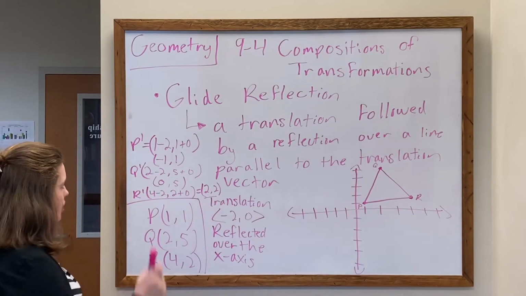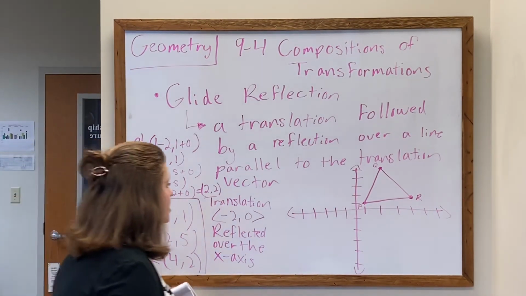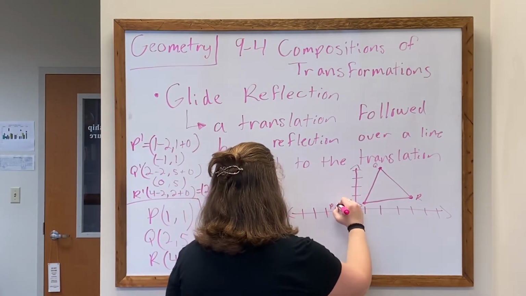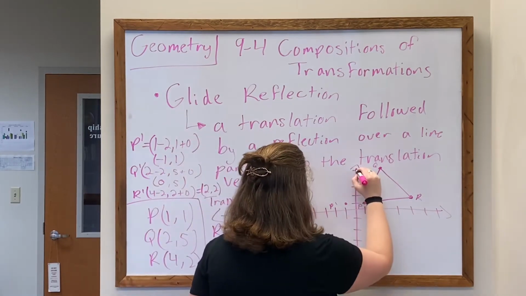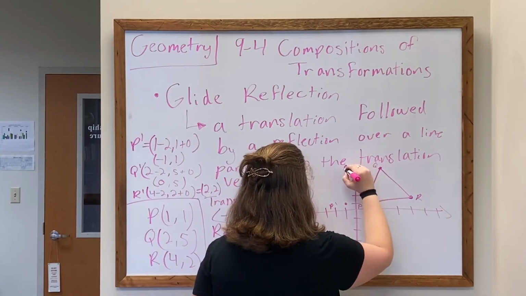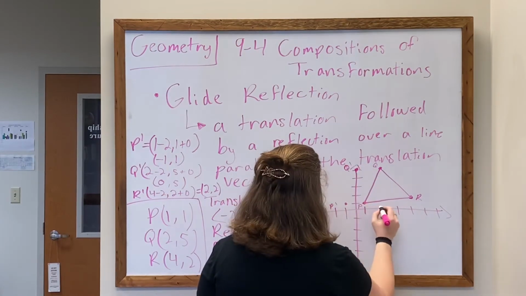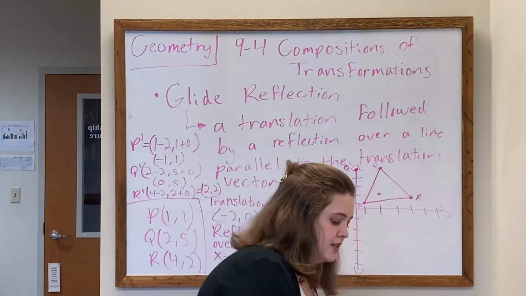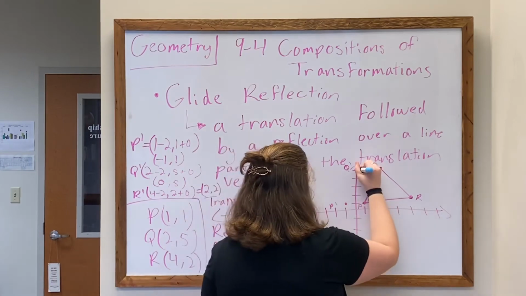Okay, so now we're going to graph our P prime. This is with our translation only. It's going to be -1, 1. There's P prime. Our Q prime is 0, 5. And then our R prime is 2, 2. I'm going to connect it with a different color so you can tell them all apart.